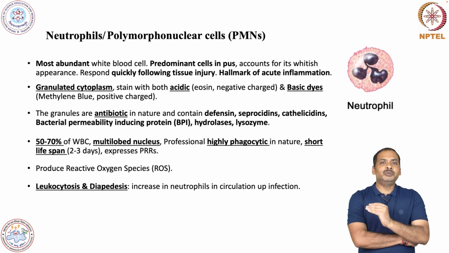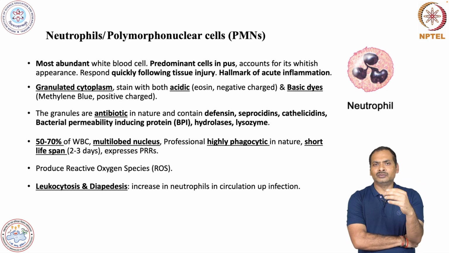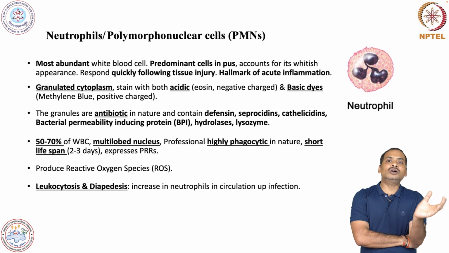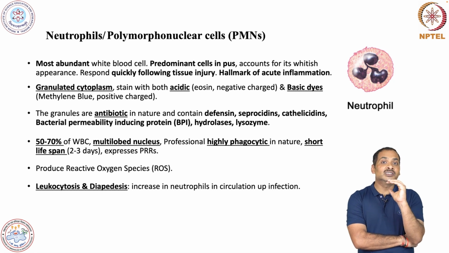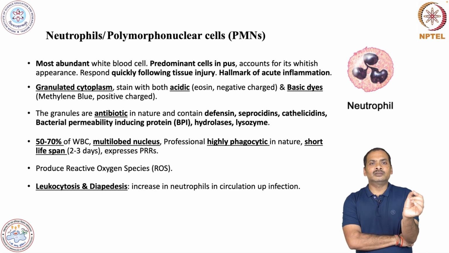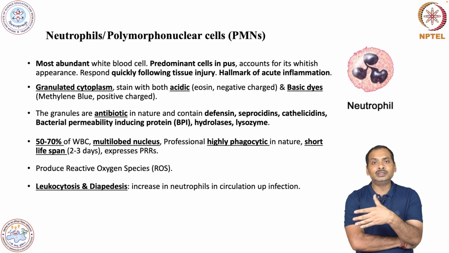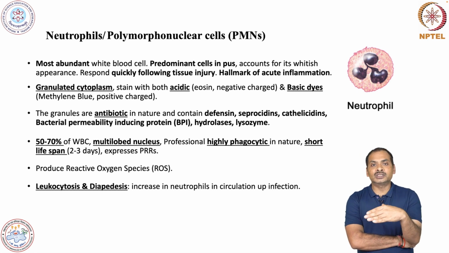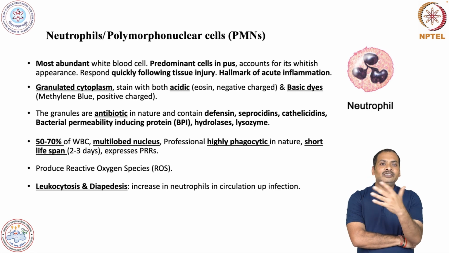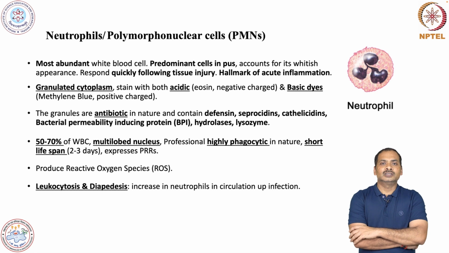Diapedesis means there is a movement of these immune cells across the blood vessels without rupturing. So, the immune cell can migrate from the blood vessel to the tissues without rupturing the blood vessel wall. That we call diapedesis. Okay. So, neutrophils show these properties.